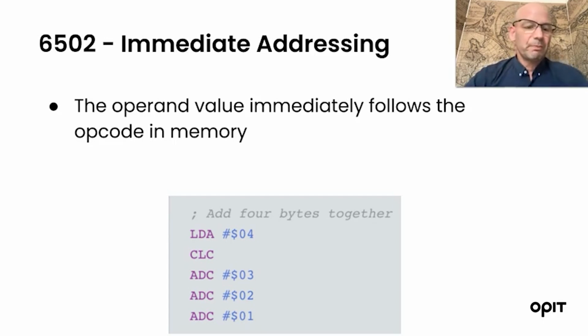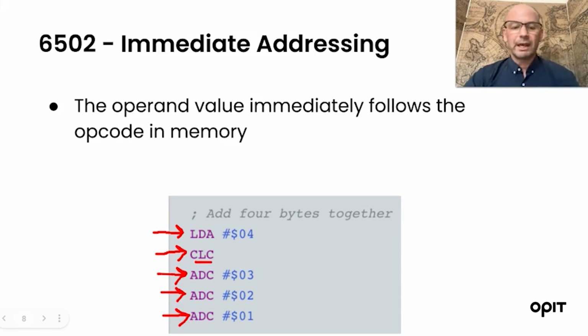We can see here that the first thing we do is load into the A register our first value. Then this CLC here means to clear the carry bit, because we're loading our first value in, so we can assume there's going to be no carry. Then we perform our next three calculations: we add this value, this value, and this value. The accumulation will be in our A register, and we can then act accordingly after that.